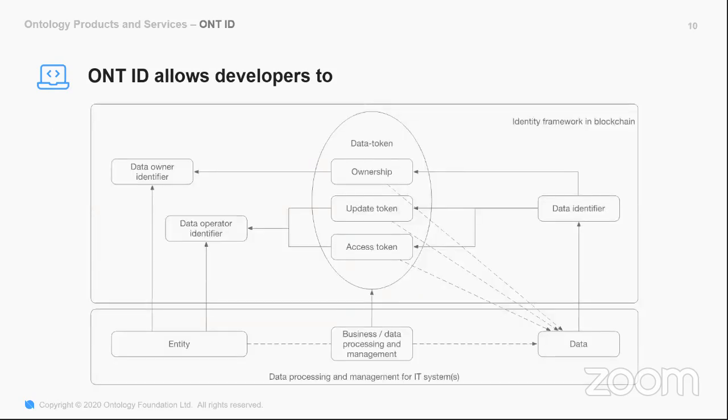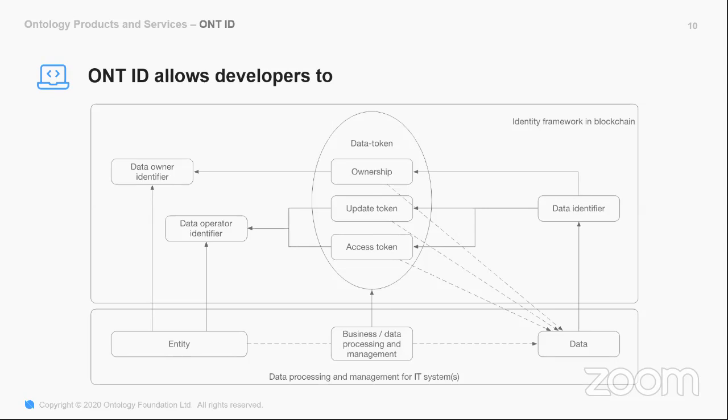And whenever we are talking about how to develop with Ont Id technology, any existing IT systems, including web systems or IoT systems, just do their own business based on certain kinds of data. We just provide Ont Id based on data owner, data operator, or any kind of roles inside these systems and bring them on chain.